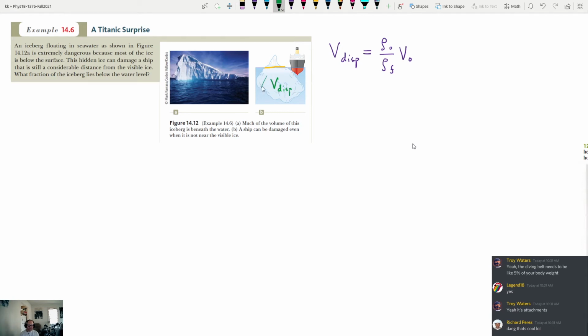That's all this stuff down here, not including the part that's out of the water. And our goal is to figure out what fraction of the total iceberg volume is down here, right? So to find that fraction, what kind of ratio should I take?